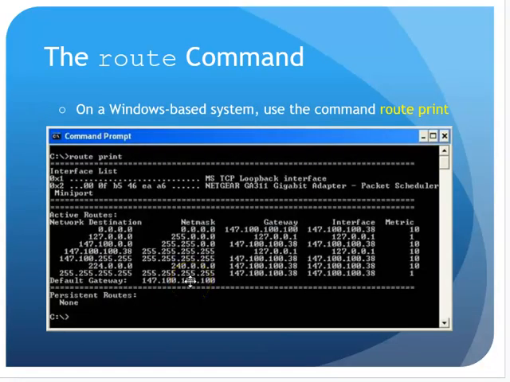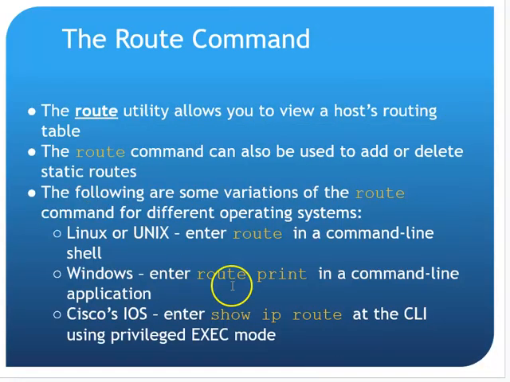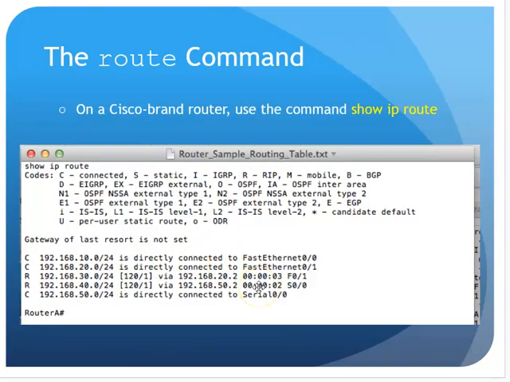If I'm on something like a Cisco router or device, I would do show ip route, show the IP routing table, and I get something like so. We've done this a little bit, and as we do our Chapter 9 lab on routing protocols, we are going to do this a whole bunch. So this will get a little bit more familiar as time goes on.